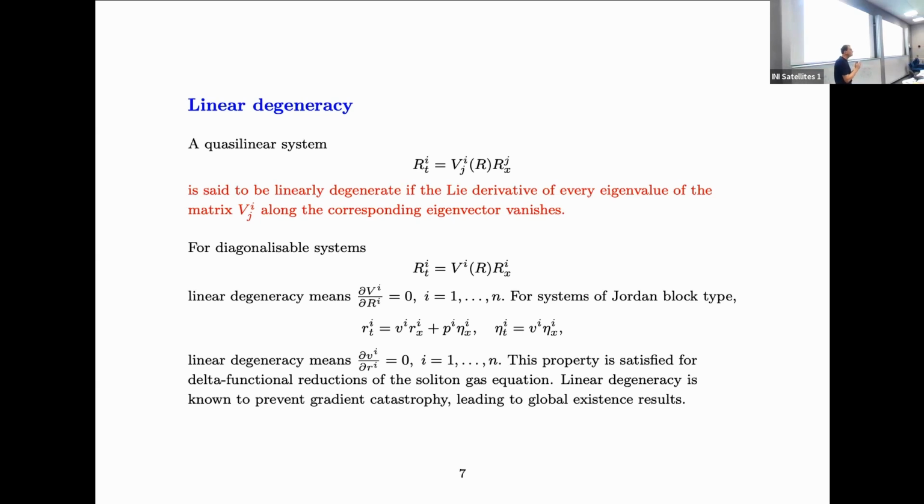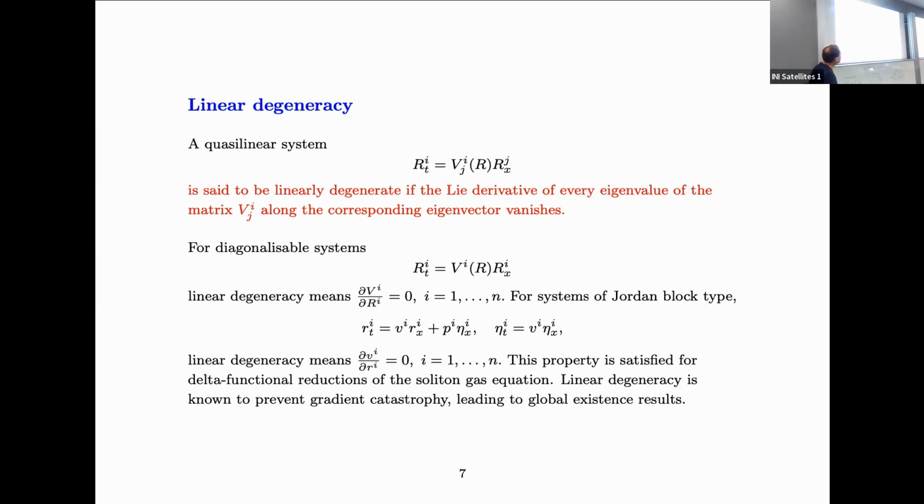So derivatives of eigenvalues in the direction of the corresponding eigenvectors vanish, right? For diagonalizable systems of this form, there is no summation here. For systems in Riemann invariants, linear degeneracy means that Vi, the ith characteristic speed, doesn't depend on its own Riemann invariant. All right, so this holds.